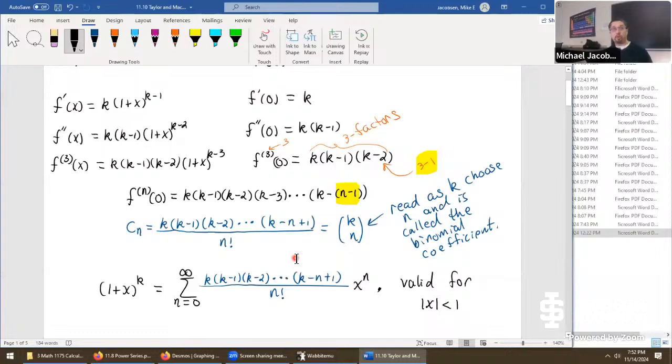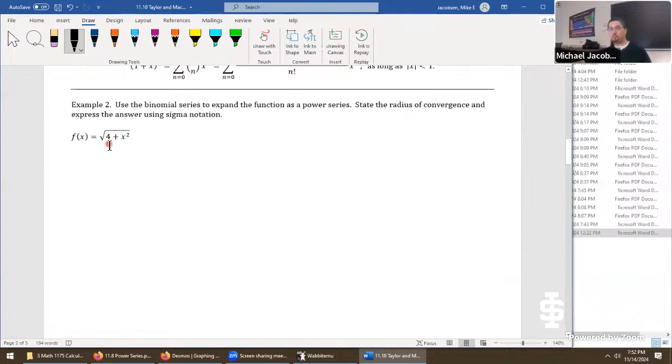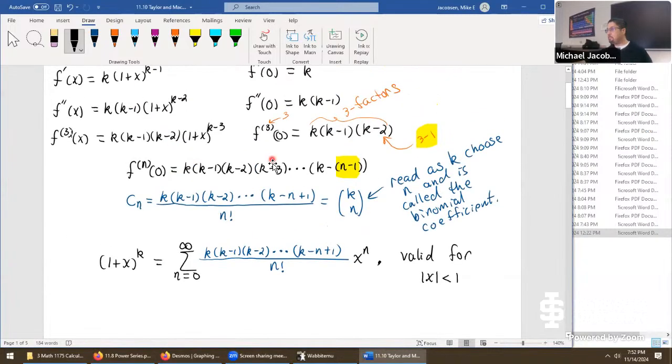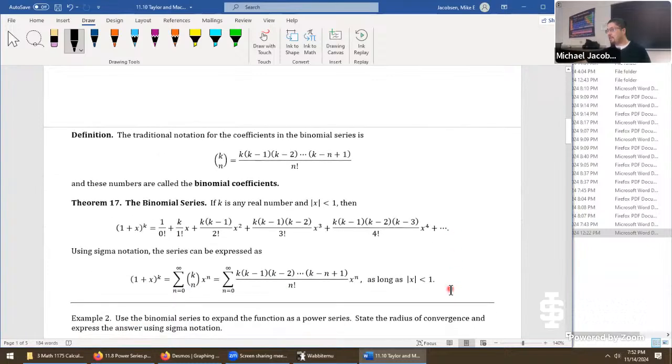And using that, we can now answer the age-old question of how in the world do you expand root 4 plus x squared, much like you would expand something by foiling it. But now that we have that power series, and we made a pretty big claim there, the rest of the notes in the middle are just showing those steps in one really small spot.